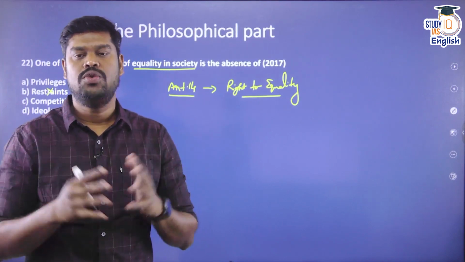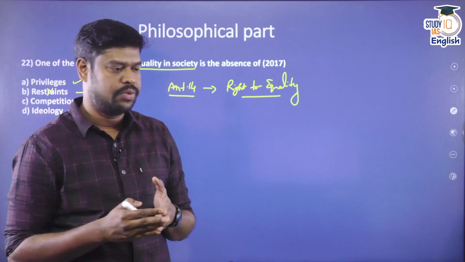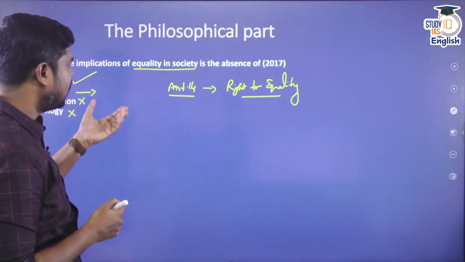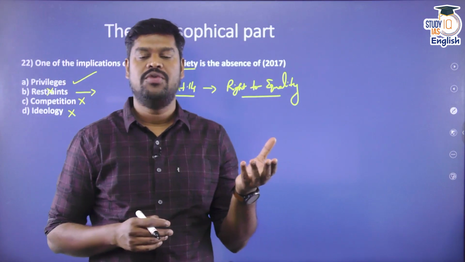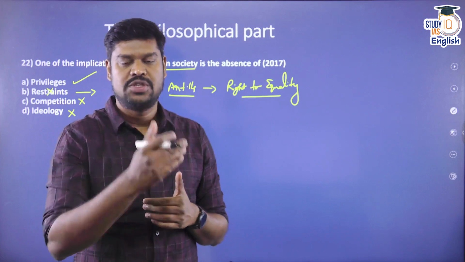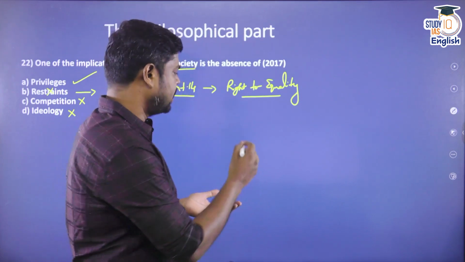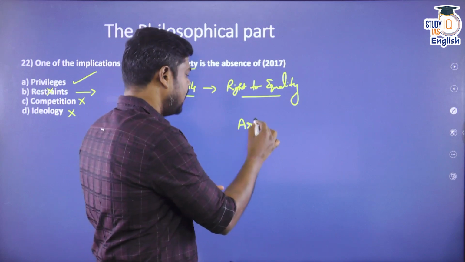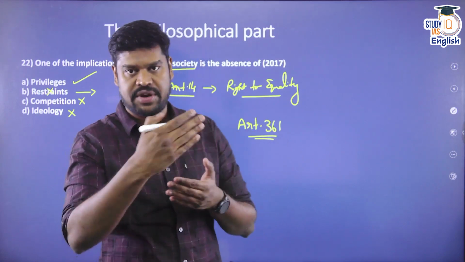We want everybody to equally perform in this particular country, or at least you will have to give equal opportunities to all the people. But then the question is, do we not have any discrimination? Do we not have any special privileges to certain members of parliament? We have privileges to the president and the governors under Article 361. That is all fine. Those are all exceptional principles. And these exceptional principles are allowed because that would help them to perform their duties effectively.